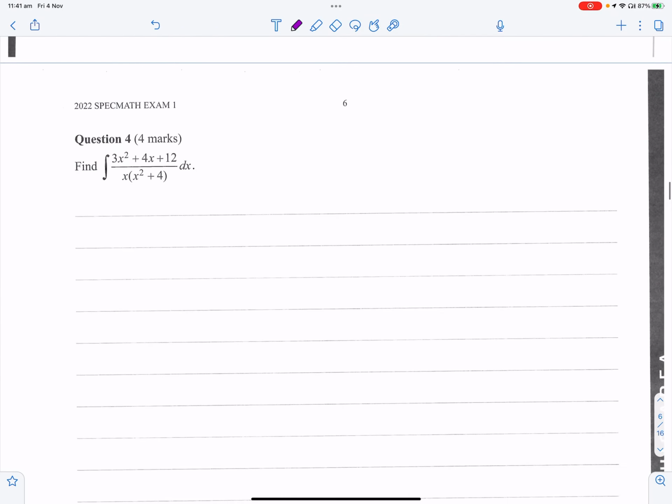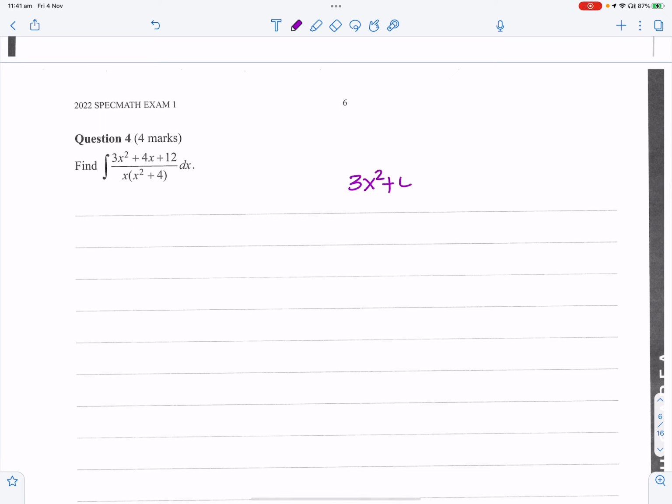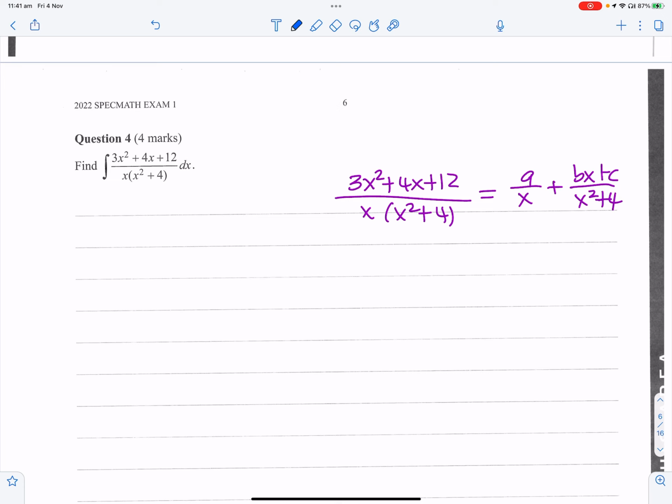Bit of thinking to start off with. Oh, more thinking. This is going to be partial fractions. (3x squared plus 4x plus 12) on (x squared plus 4). A on x plus (bx plus c), because it's irreducible, on x squared plus 4. Okay, from this we get 3x squared plus 4x plus 12 equals A(x squared plus 4) plus x(bx plus c).